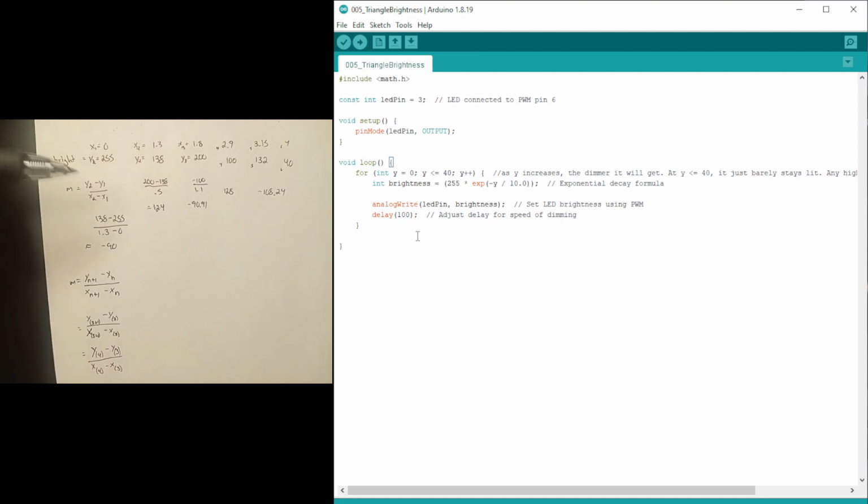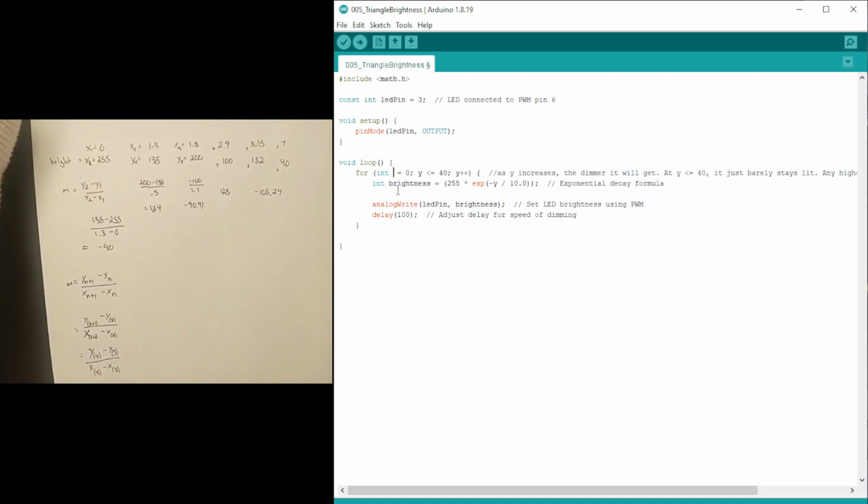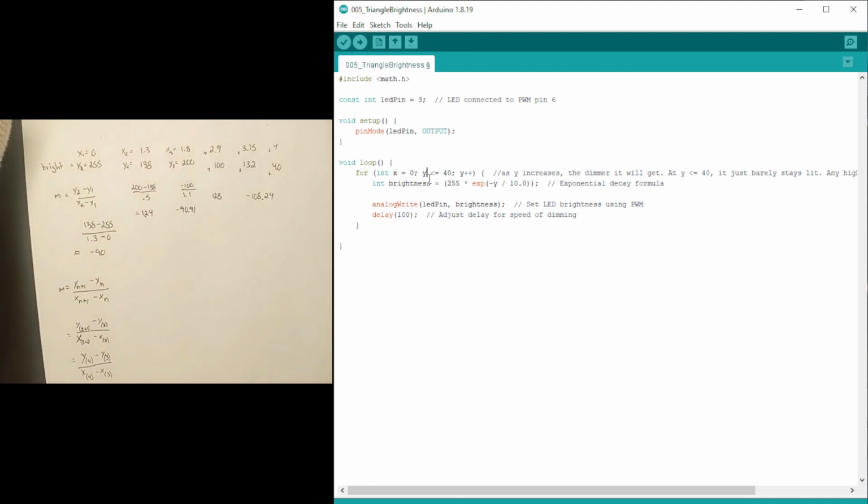Okay, so I guess we're just going to try and replicate this in the program. Okay, brightness, how are we going to do this? Let's just say x, to normalize what it is. Well, this whole equation is actually off.